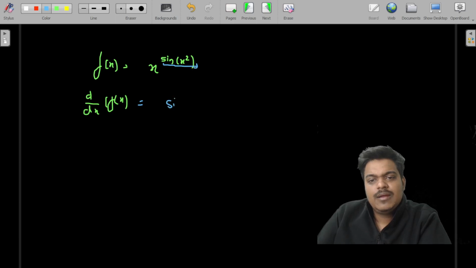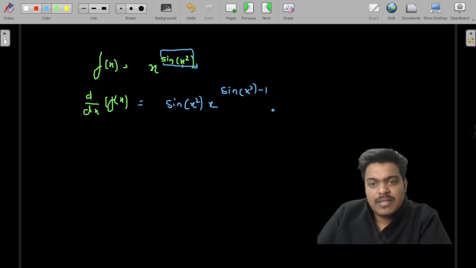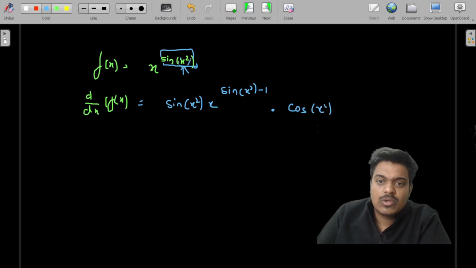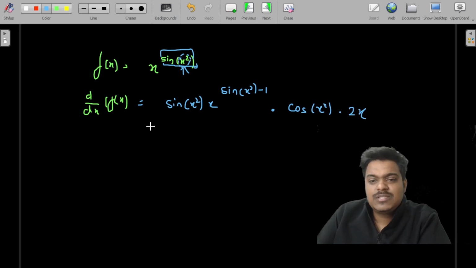So you will write sine of x square, x to the power sine of x square minus 1 into, you will differentiate this term keeping this function x square as constant. So this will be equal to cos x square, and now you need to differentiate this also, that is x square, so into 2x, and this will be your solution.